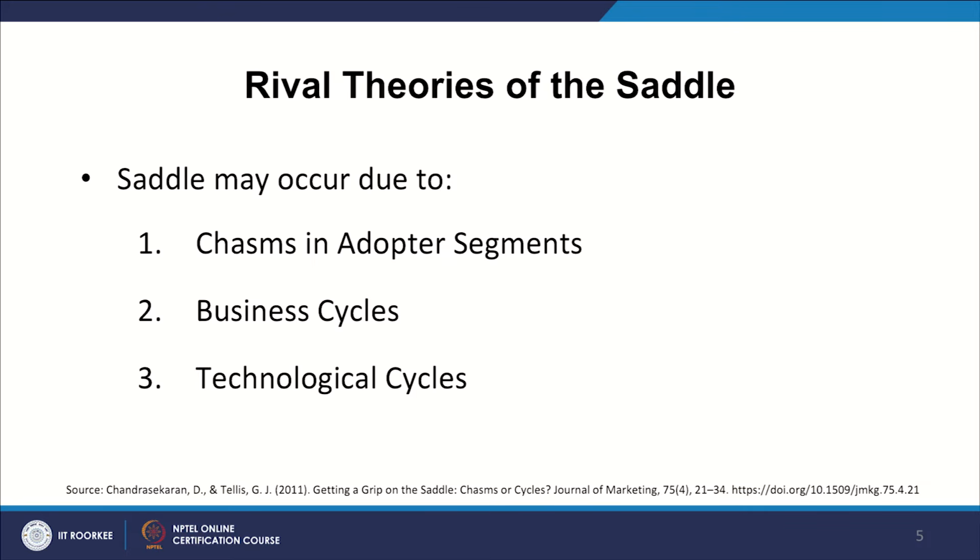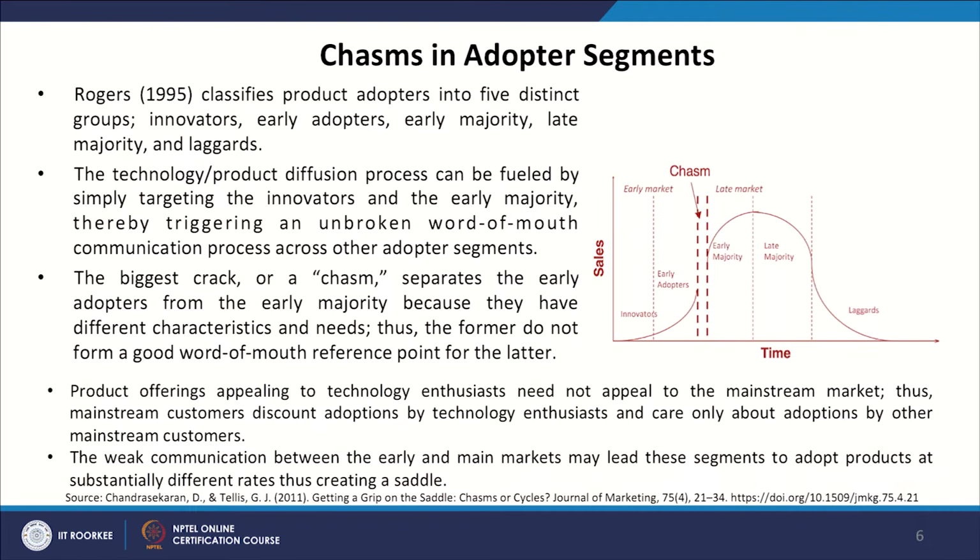You may refer to that paper, but moving ahead. Rogers in 1995 classifies product adopters into 5 distinct groups: innovators, early adopters, early majority, late majority, and laggards. And this figure talks about chasms in adopter segments, because this description says that the saddle comes because of this.